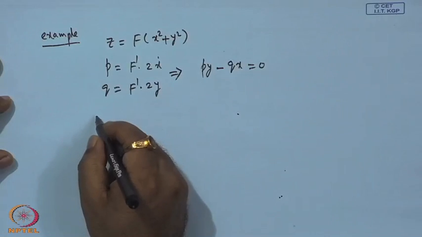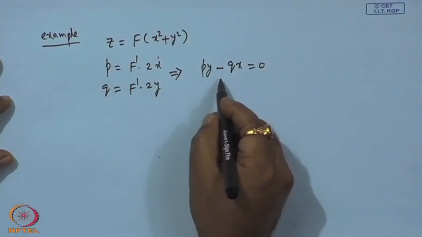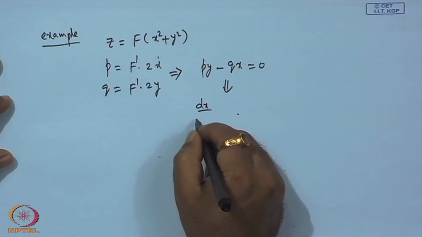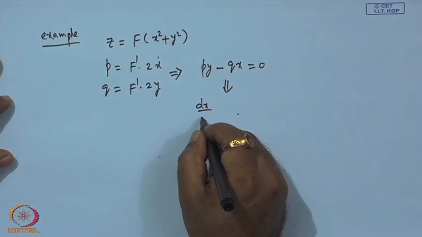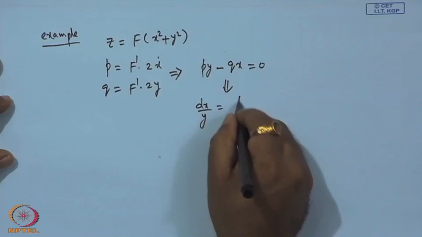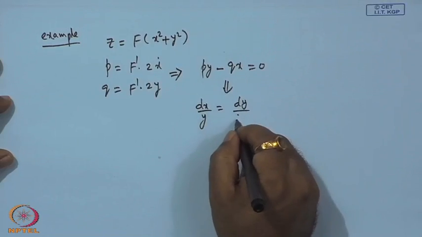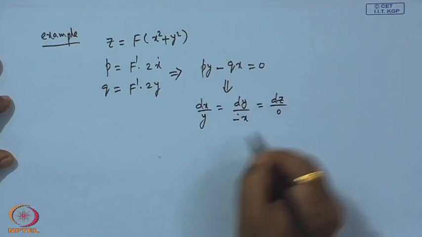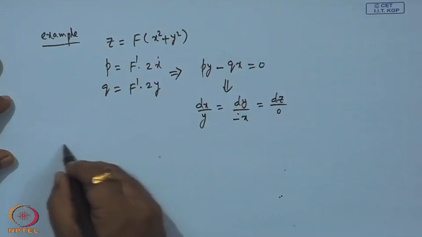Now, let us go back to this. How do we do it? From here, dx by y equals dy by minus x equals dz by 0. Okay.